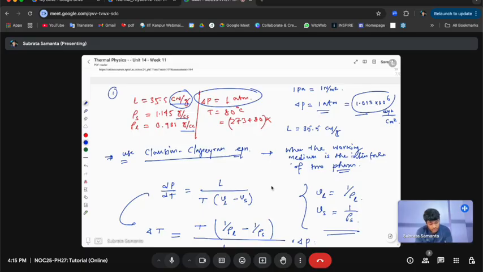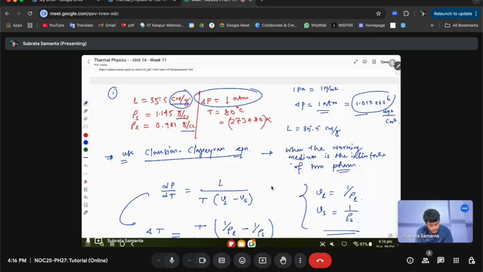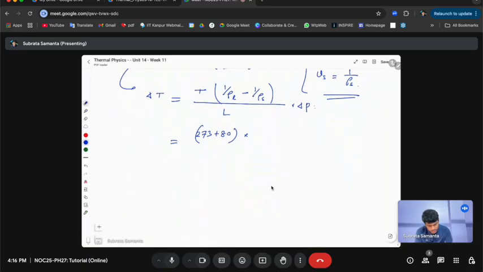So first convert calorie to joule: 1 calorie equals 4.2 joule, and 1 joule equals 10 to the power 7 erg. So it's clear.